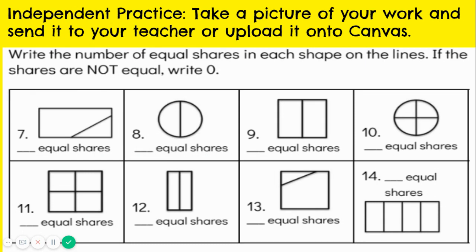Your independent work is to write the number of equal shares in each shape on the lines. If the shares are not equal, write 0. After you finish, you can take a picture of your work and send it to your teacher, or upload it to Canvas. Remember, you are writing the number of equal shares. Equal means the same size. If they are not the same size, you will write 0 on the line.